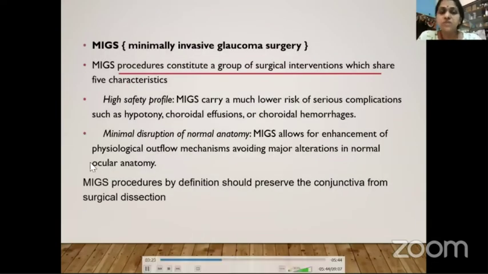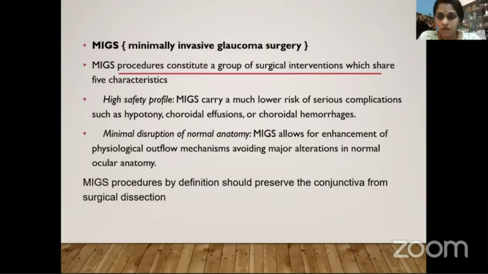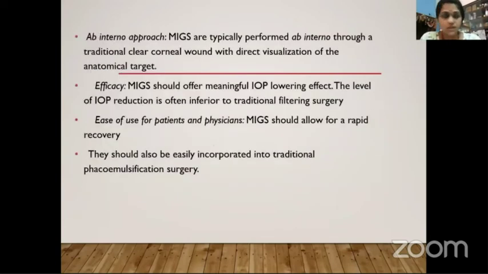Minimally invasive glaucoma surgeries are the next group of surgeries which are in talk now. It is a group of surgical interventions with the main 5 characteristics of high safety profile, because it has very few side effects, as I have mentioned here. Minimal disruption of the normal anatomy because it's an internal approach, and by definition, minimally invasive glaucoma surgery should preserve the conjunctiva from surgical dissection.